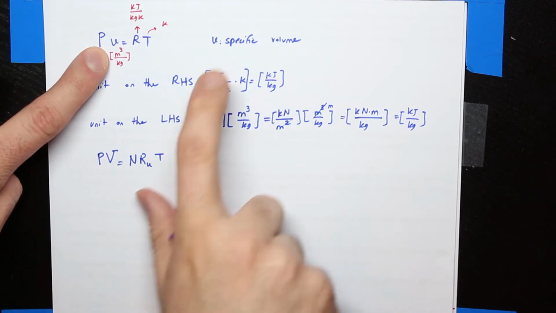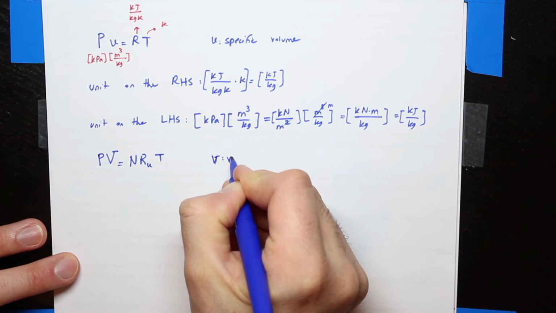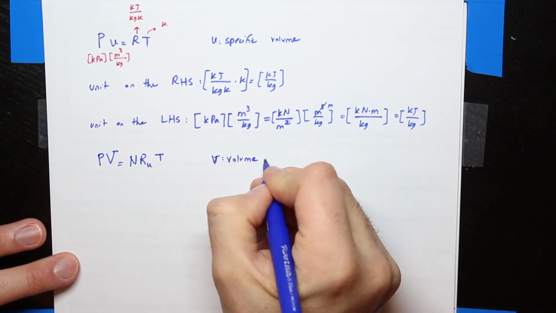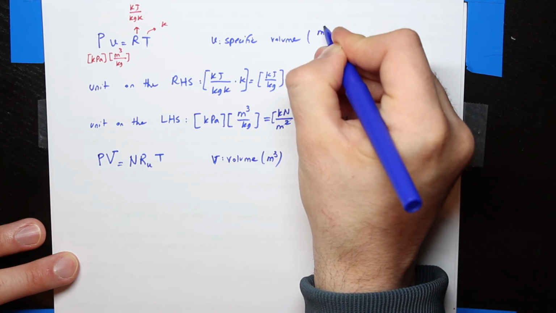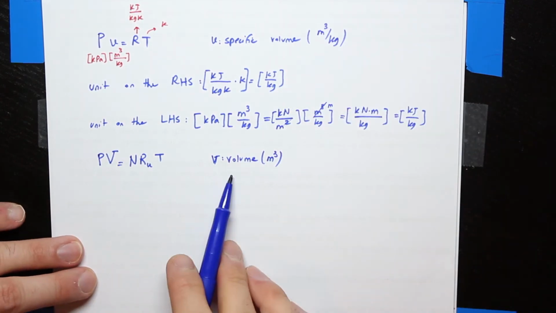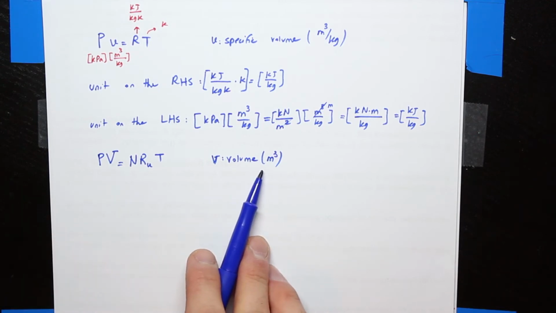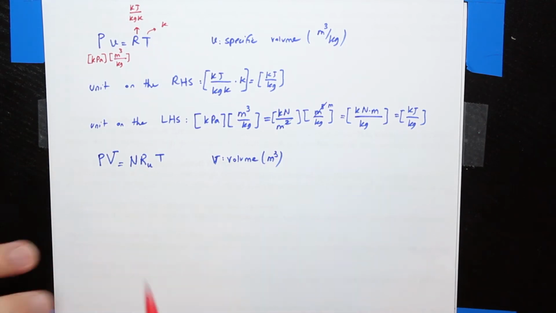Here my v was a specific volume. Here this V is just volume, meaning that the unit is meter cube. The unit of a specific volume is meter cube per kilogram, but here my V is meter cube. Now here I have N on the right hand side, so this N is the number of moles.